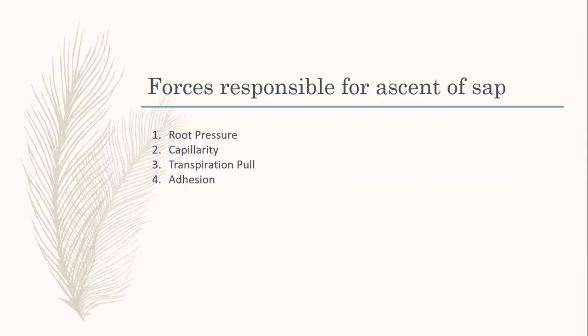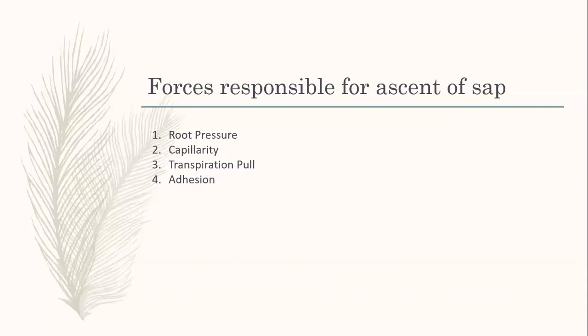Loss of water from the aerial surfaces through transpiration causes transpiration pull. This leads to absorption of water from the soil because of cohesive forces among water molecules and adhesive forces between water and xylem vessels.